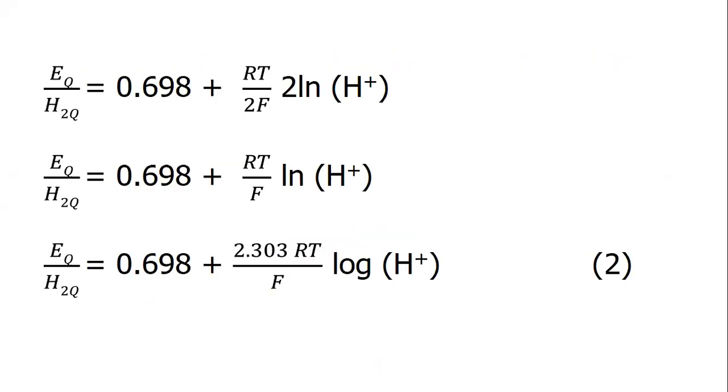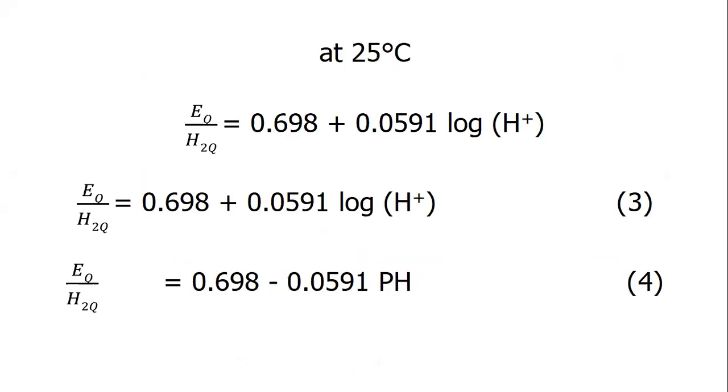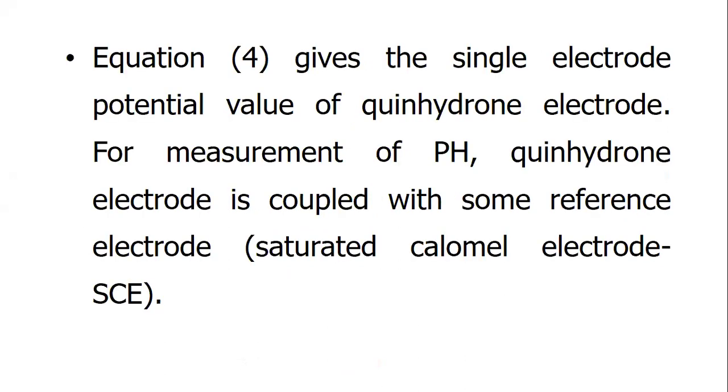So we get E Q over H2Q equals 0.698 plus 2.303 RT over F log H+. At 25 degrees Celsius, E Q over H2Q equals 0.698 plus 0.059 log H+, so E Q over H2Q equals 0.698 minus 0.059 pH. Equation 4 gives the single electrode potential value of the quinhydrone electrode.